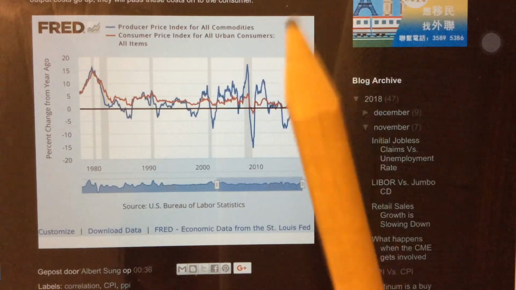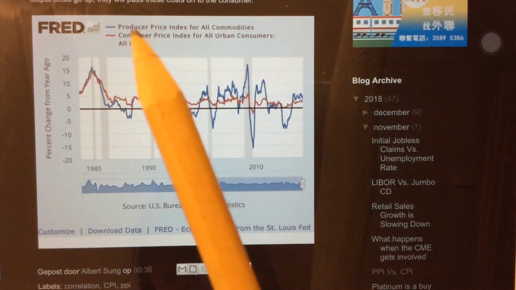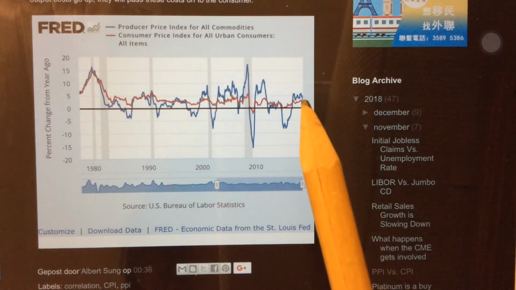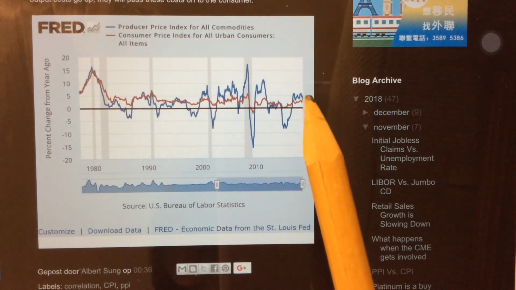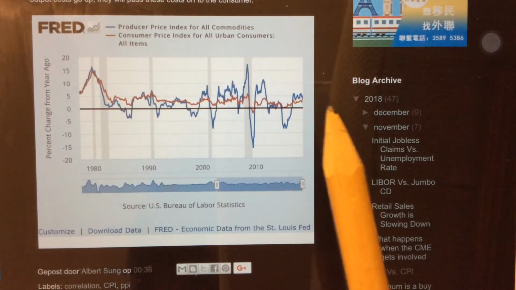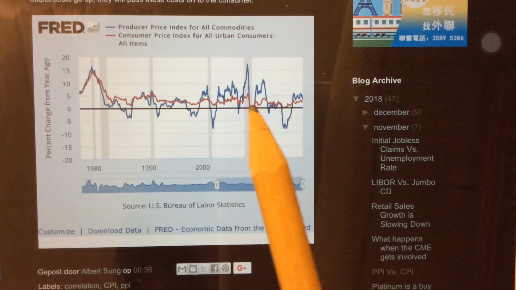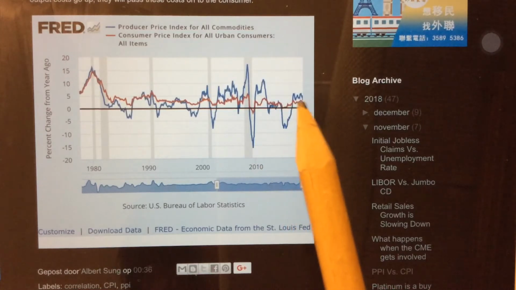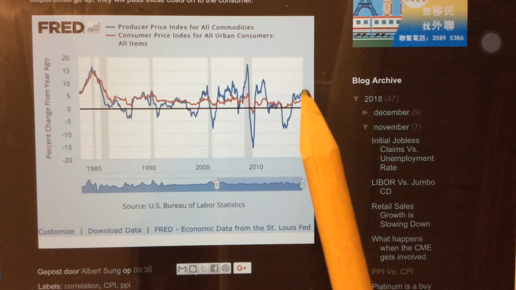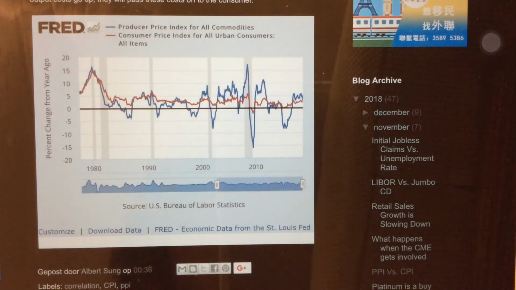Now the latest number for the producer price index, which is the leading indicator for consumer price index, is telling us that it's going down a bit, but it's still positive, which means that the consumer price index will probably keep going up. We should really monitor this blue line. If it goes back to 0, then we have a problem. So this is still positive.